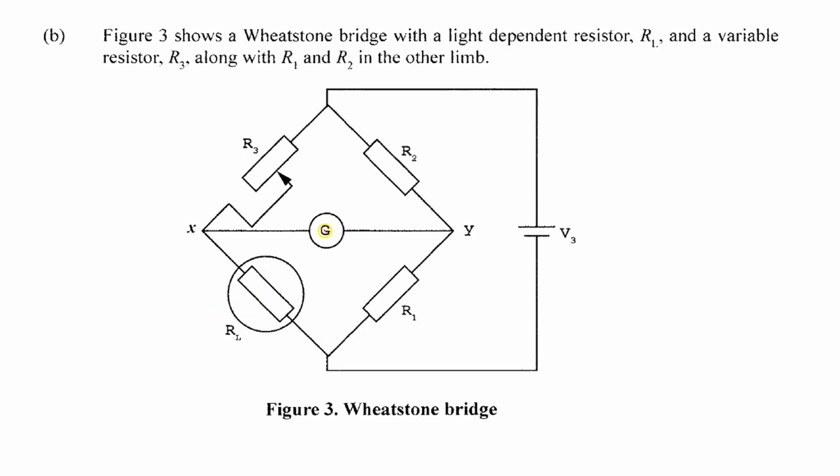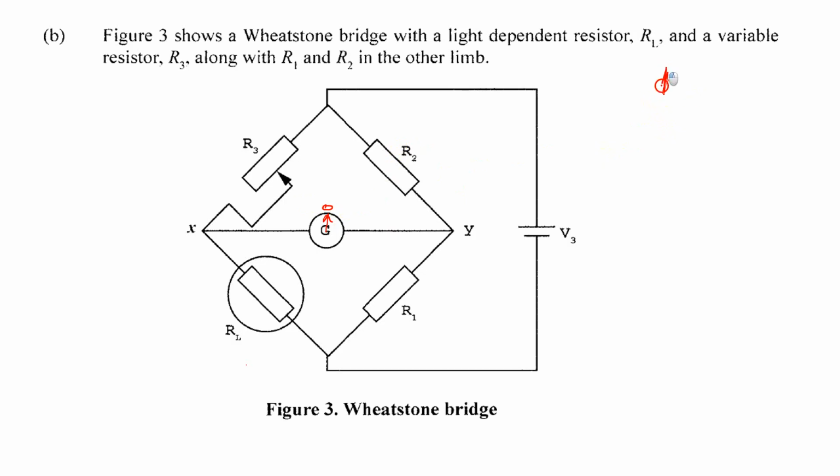Generally speaking, the galvanometer has to be at zero in order for the Wheatstone bridge to be balanced, so no current should be flowing through the galvanometer. When no current flows through the galvanometer, it means that the voltage on this side is equal to the voltage on the other side.